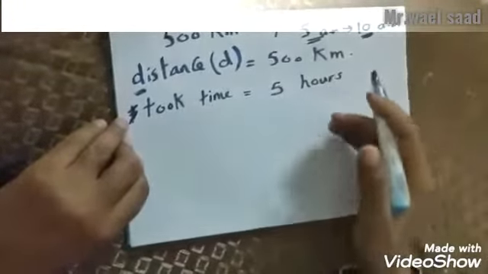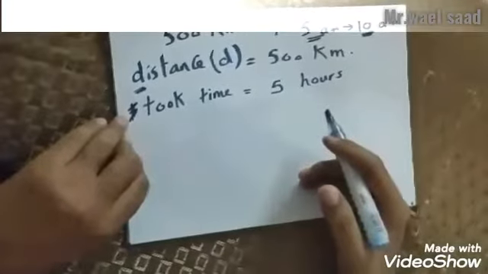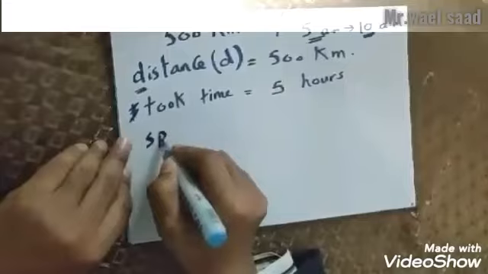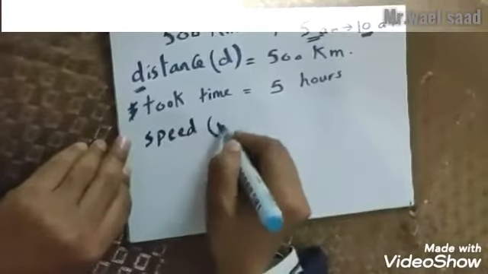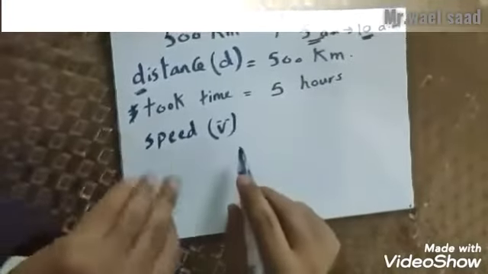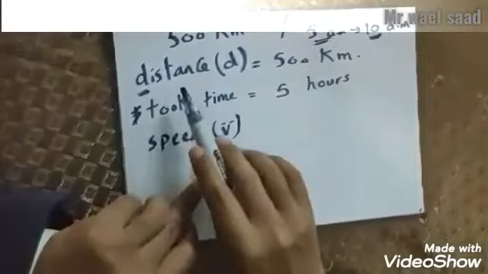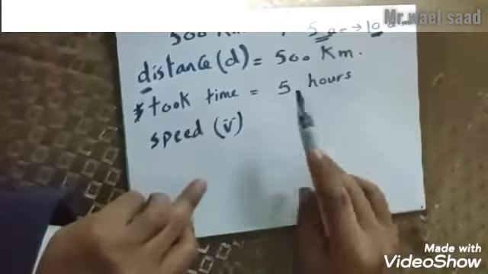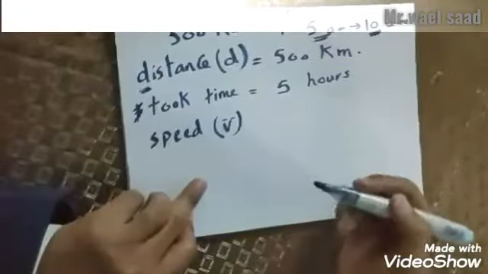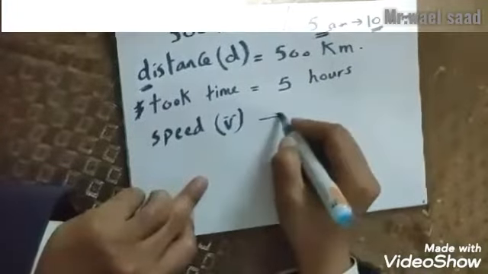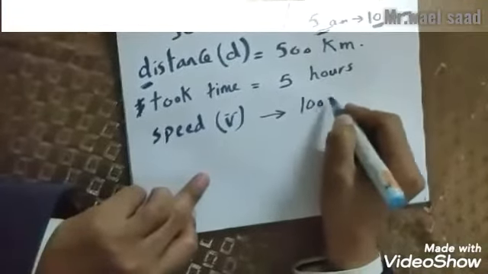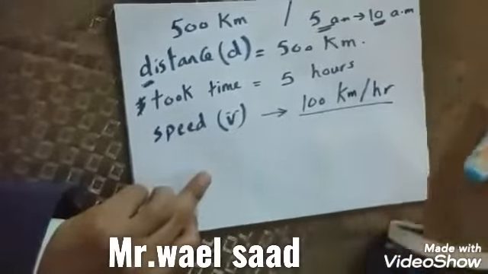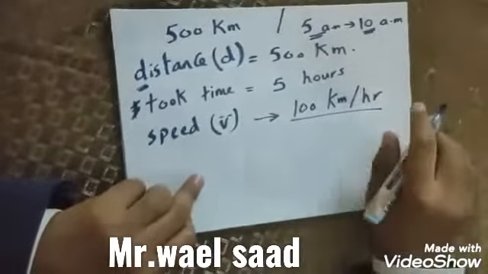Okay, what can we deduce? We can say that I moved at a speed. Can you calculate the speed? I moved 500 kilometers in 5 hours. That means that I move 100 kilometers for each hour. 100 kilometers per hour.